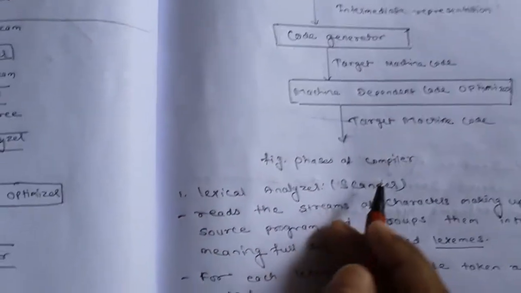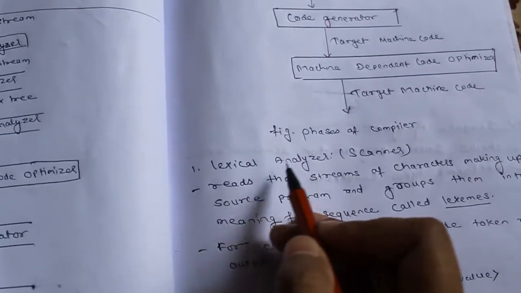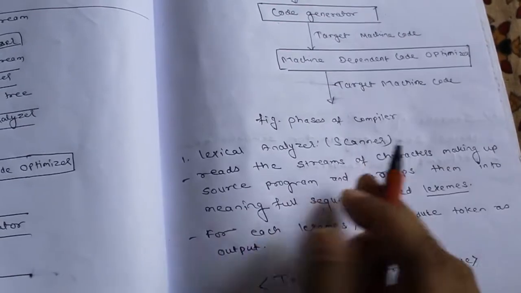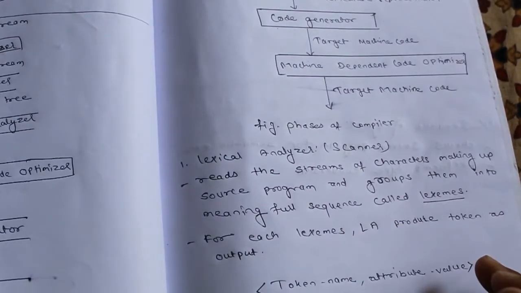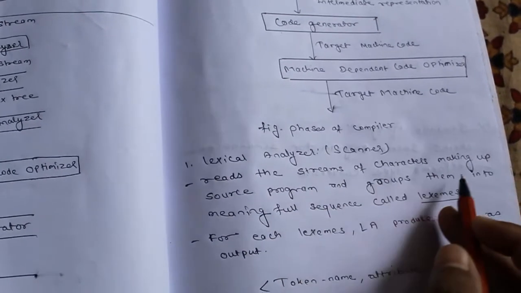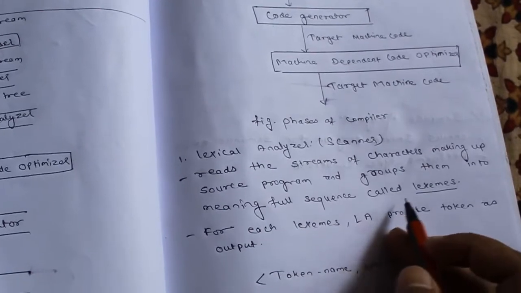So now let's get started with the first phase of the compiler, the lexical analyzer. The lexical analyzer is also called the scanner, because it scans all the character streams. Its main function is to read the stream of characters making up the source program and group them into meaningful sequences called lexemes.